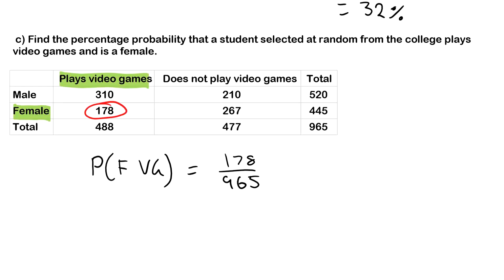That cannot be simplified down, but again, we are told to find the percentage probability, and to convert a fraction to a percentage, we multiply it by 100. So we get 18%, if you round to the whole number.